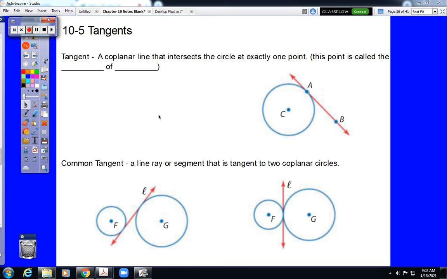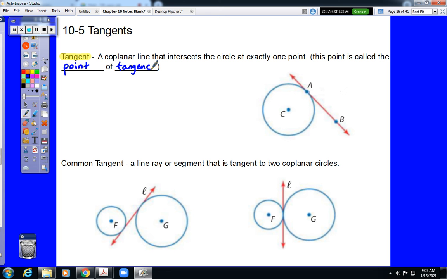So here we go. We'll start off with the actual alternate definition of the word tangent, or tangent line would be a more specific way to phrase it. It is a coplanar line that intersects the circle at exactly one point. This point is known as the point of tangency.